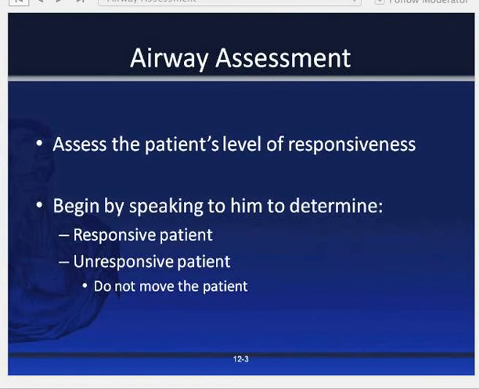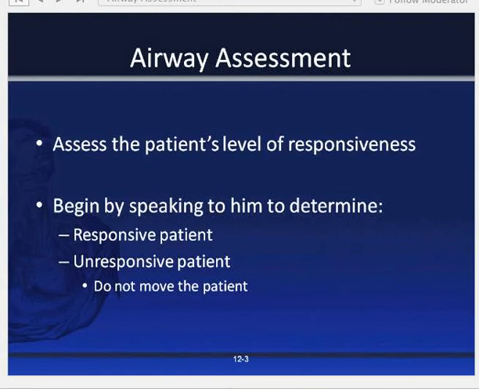When we are judging level of consciousness, there's an acronym that you should utilize. It's called AVPU, that's A-V-P-U. What we're assessing there is whether they are alert, or responsive to verbal stimuli, which means that when I shout, hello, Mr. Smith, they respond back, or they make some kind of sound.